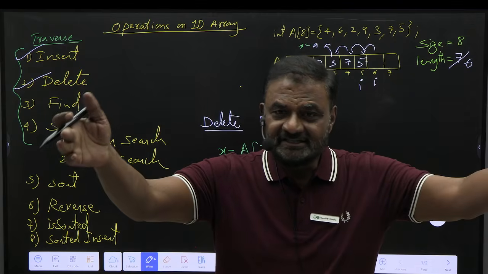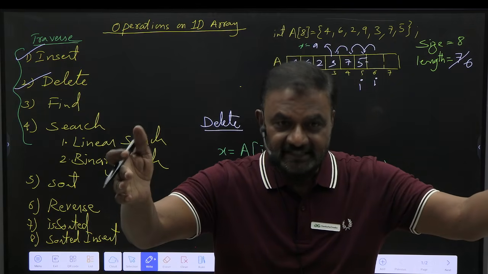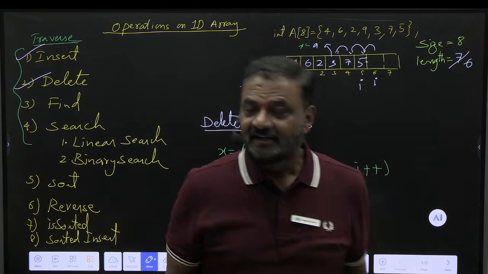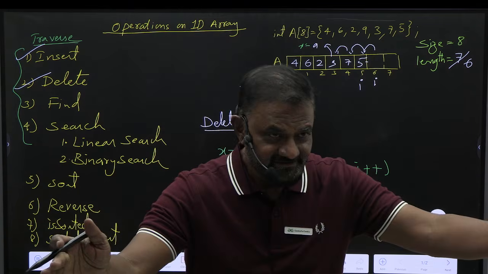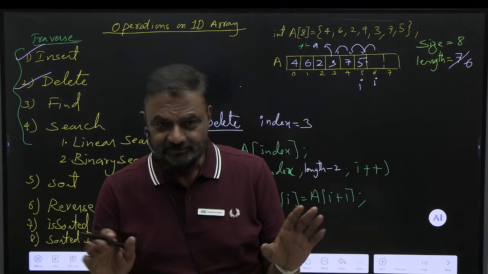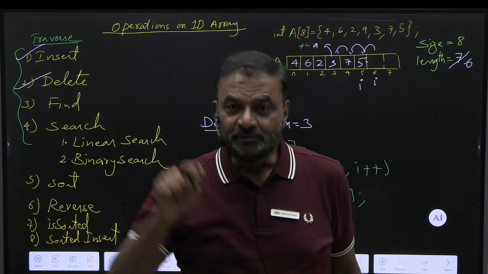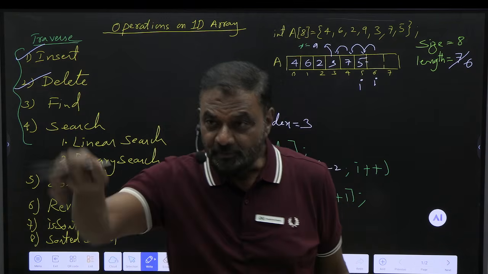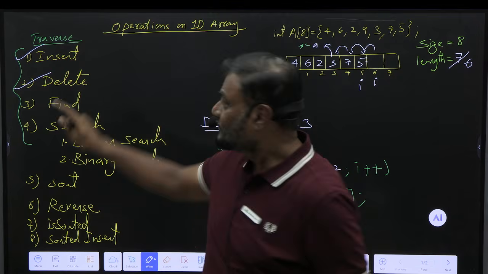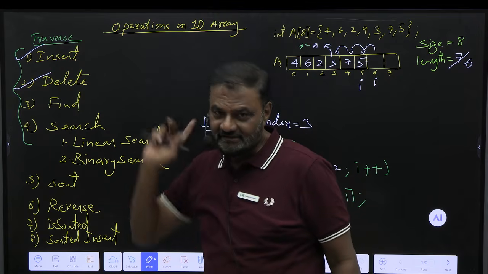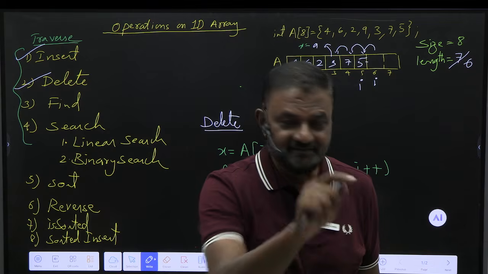Data structure means a collection of elements, a collection of data. A personal library means a collection of books. You purchased a new book, brought it, and you are putting it into the collection. It means you are inserting it.